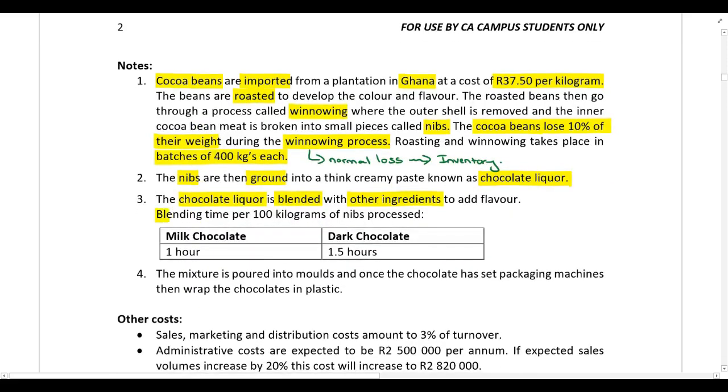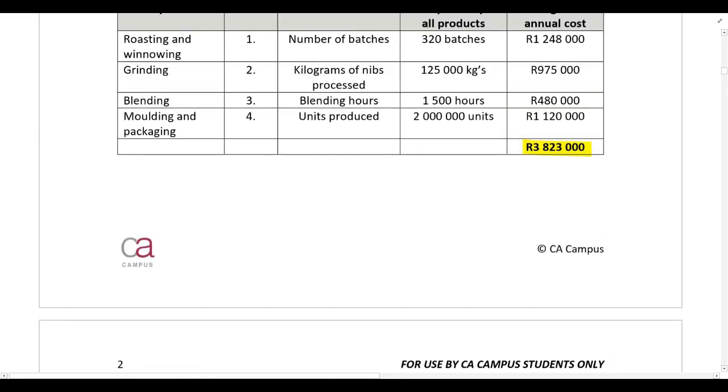And we are told that the blending time per 100 kilograms of nibs processed is as follows. So for milk chocolate, it takes 1 hour to blend 100 kilograms of nibs, and for dark chocolate, it takes 1.5 hours to blend 100 kilograms of nibs. Then finally, in note 4, we are given more information relating to molding and packaging.